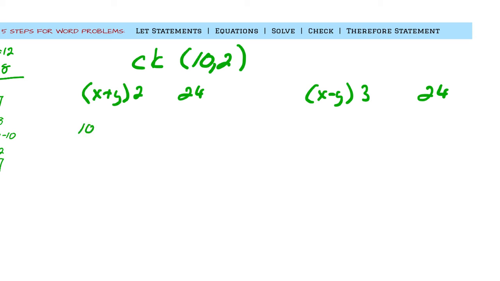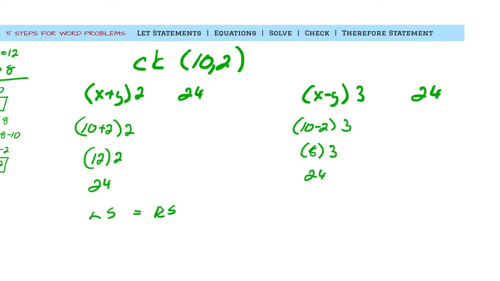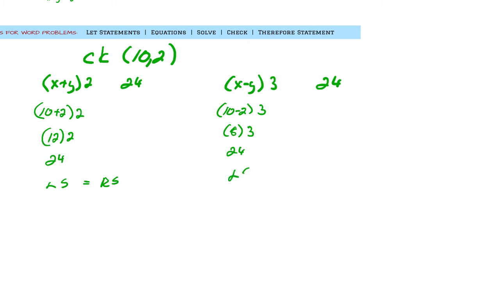Again, I like to write in everything before I begin to solve. 10 plus 2 is 12, and that's 24. So on this one, the left side indeed equals the right side. This becomes 8 times 3, which is 24. And again, your left side equals your right side.